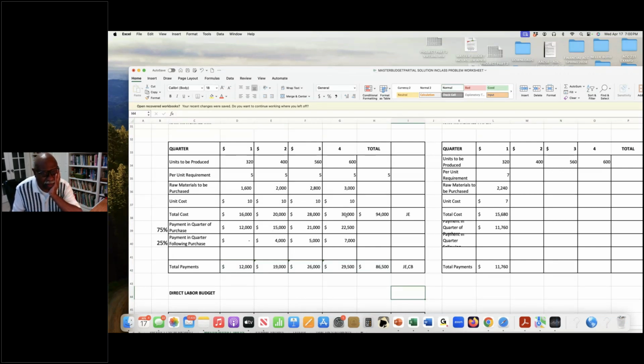That 4K, the 5K, and the 7K next to the payment in the quarter. Was it the 20,000? 16,000. I went back to the prior quarter. Remember, I paid 75%, then 25%. So you're always sort of scaling back.